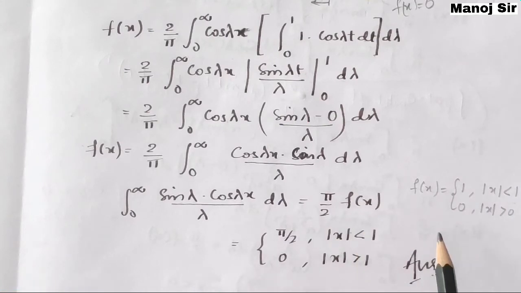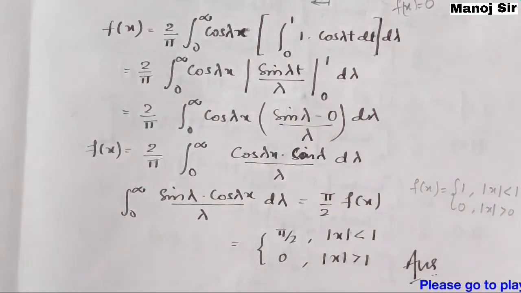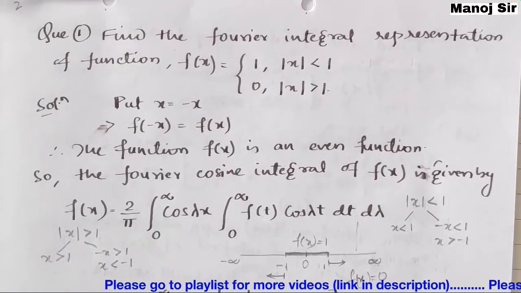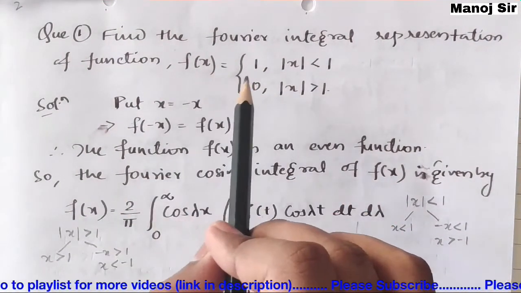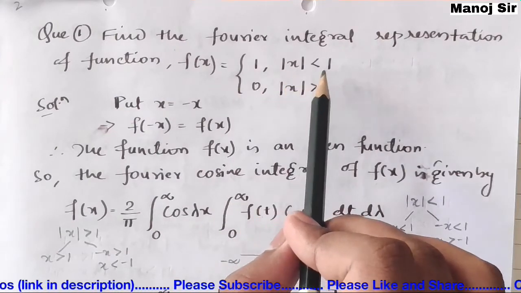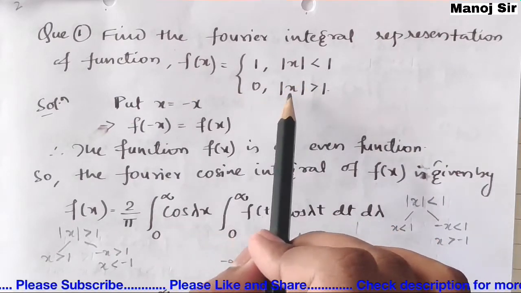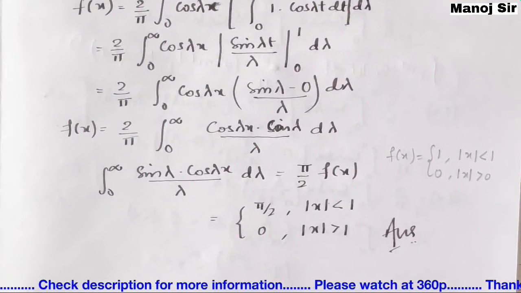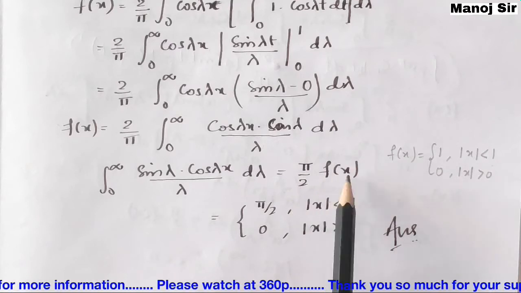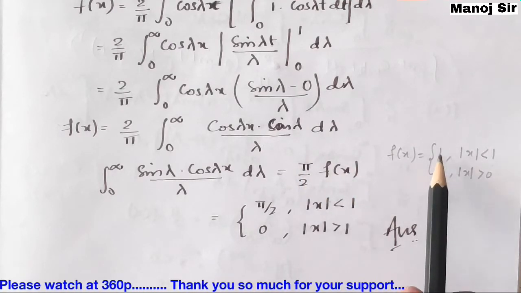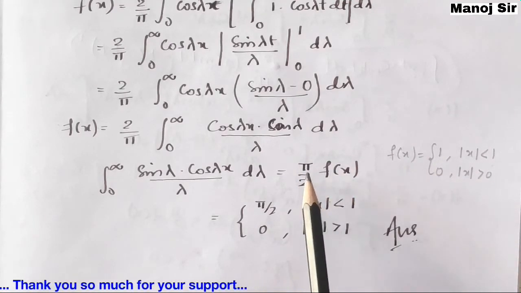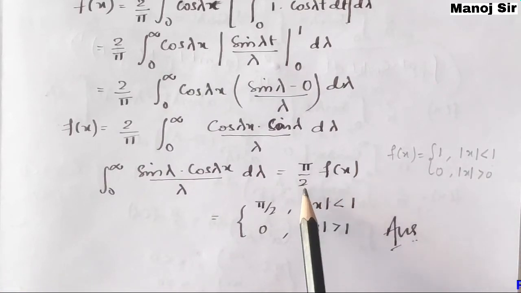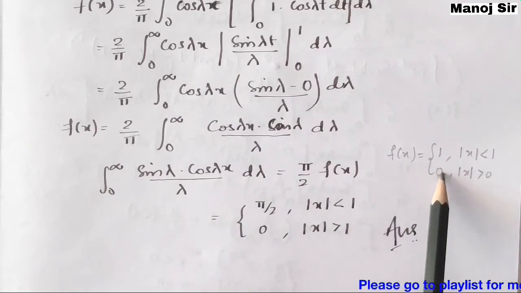And according to the question, what is f of x? Let me show you. F of x is this part, that is f of x will become 1 when mod of x is less than 1, and f of x is 0 when mod of x is more than 1. So since we have pi by 2 into f of x, it means we need to multiply pi by 2 with 0 and 1.